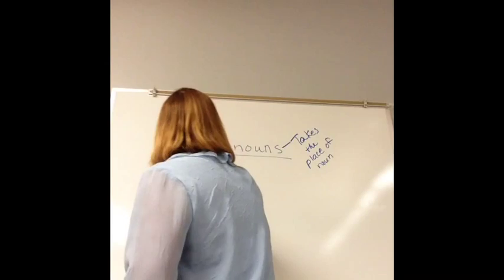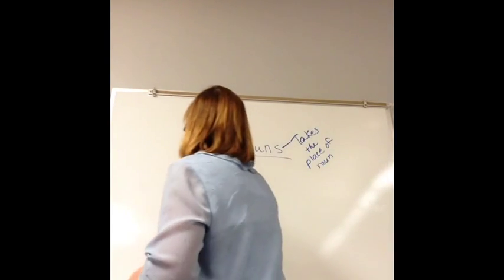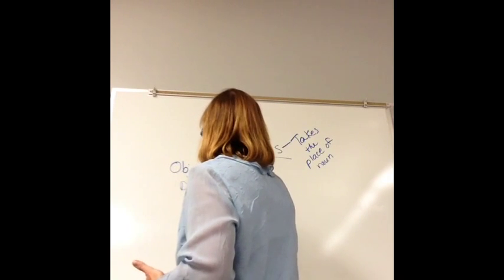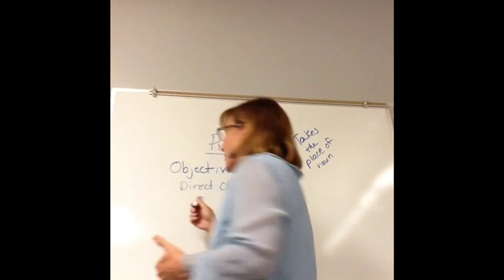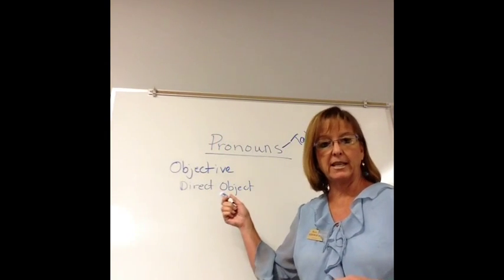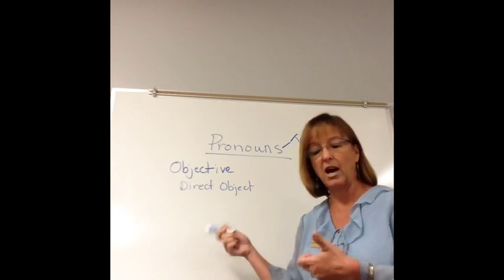Sometimes we have what's called the direct object. So we have an object of the preposition. We can also have the direct object. The direct object is the noun or pronoun that receives the action of a verb.